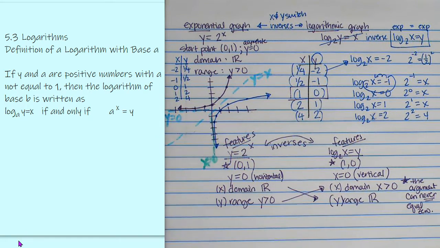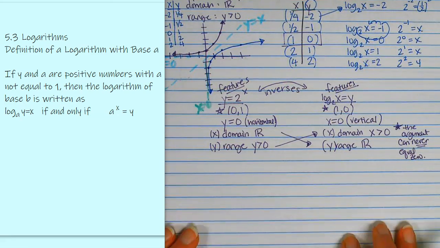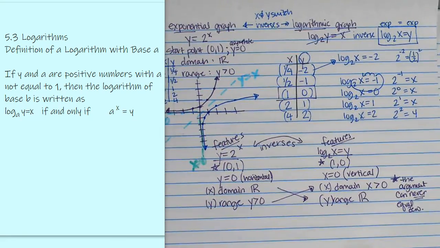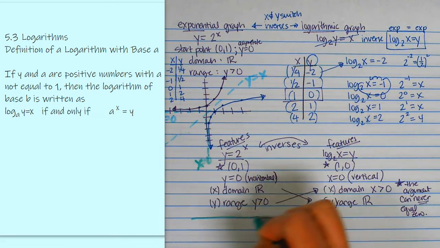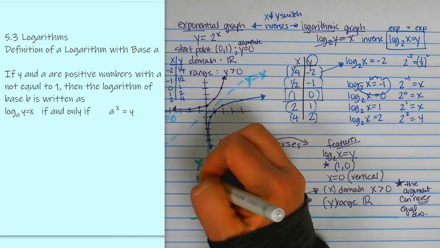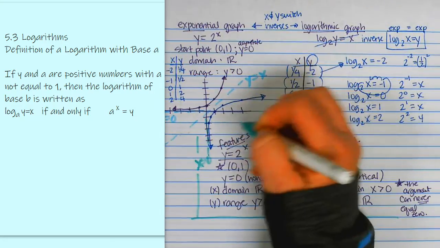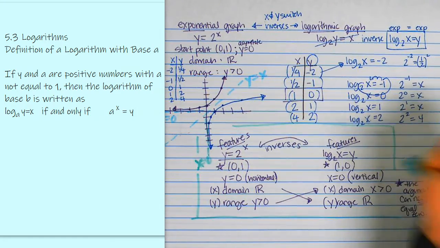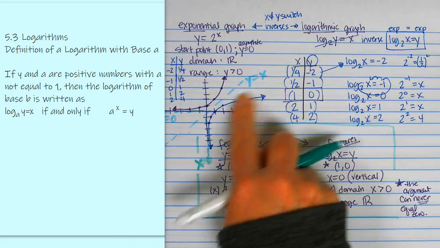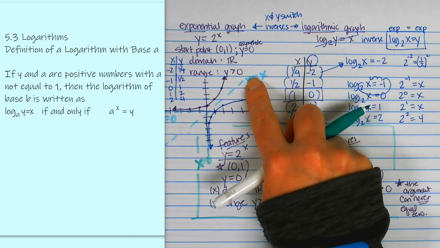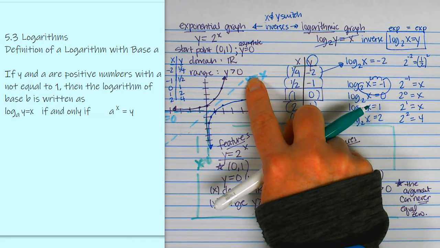Okay, this whole page, you need to put a star by it. You need to figure out how to get this on a note card. You need to have this memorized and feel really confident about all the things in it. And you need to understand this graph where the exponential is here and the logarithmic is here, and the fact that they reflect over this line.